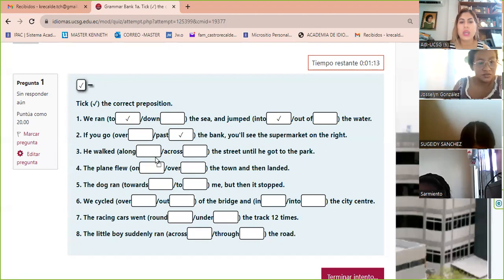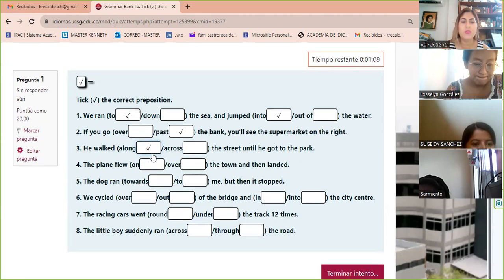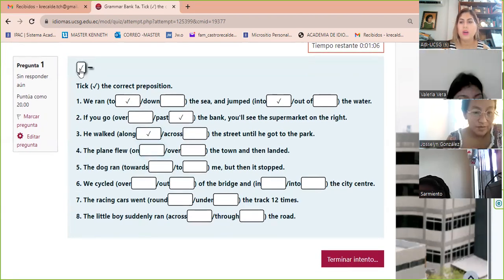Along. Okay, number 4, the plane flew on or over the town. Over. Okay. The dog ran towards or to me. Towards. We cycled over or out of the bridge. Over. Cycle over the bridge.